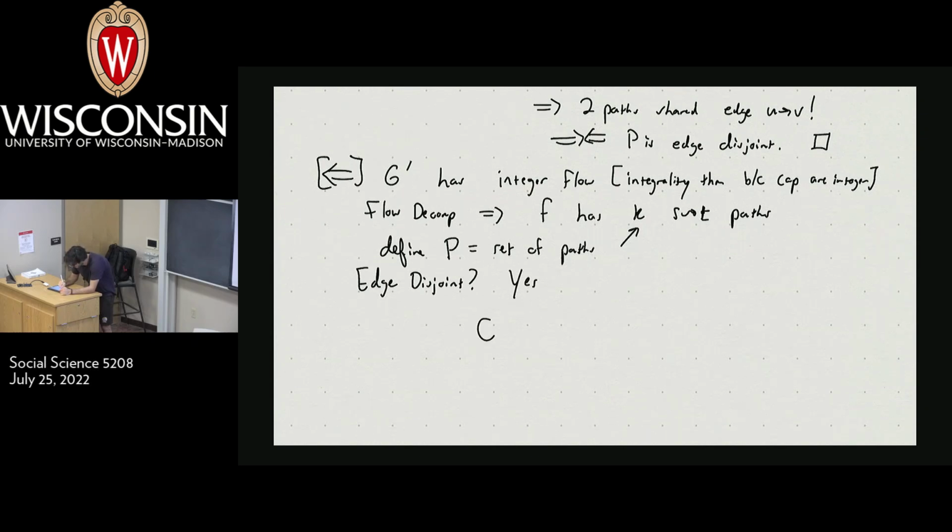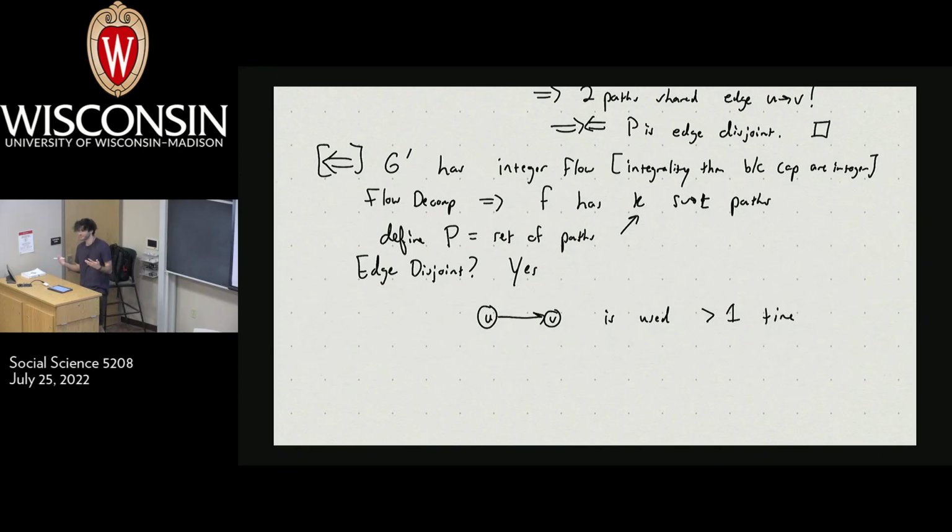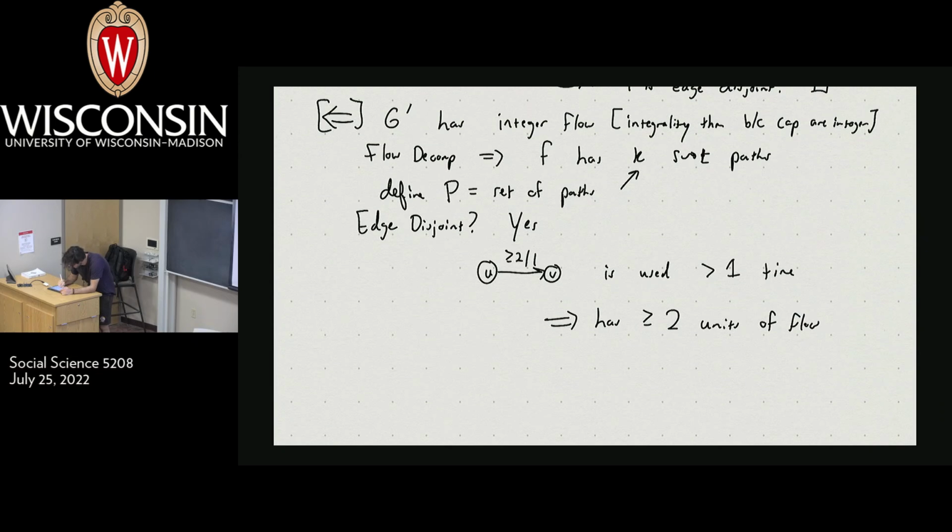The only way for an edge U to V to be used twice, well, by definition of these paths, they all have one unit of flow. And so this means that this edge had at least 2 units of flow. And clearly that contradicts the capacity constraints. So specifically, this contradicts that F is feasible.